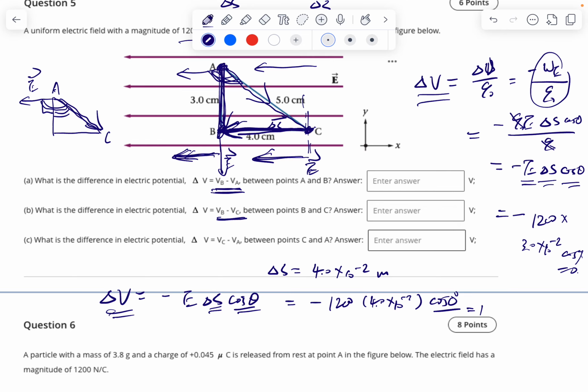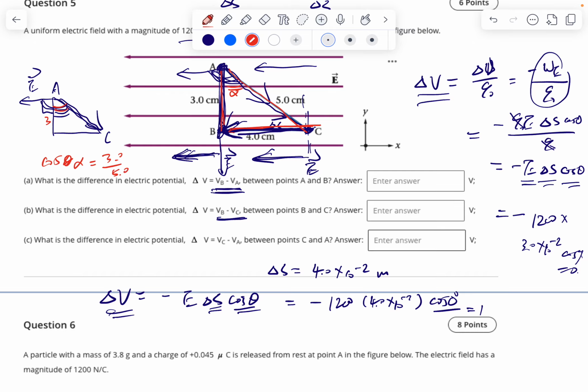What is this angle? Okay, this angle is, you see you have a 3 here, you have a 3 here, you have a 4 here, right? 5 here. So cosine, we call this alpha. Cosine alpha equal to 3.0 over 5.0, right?